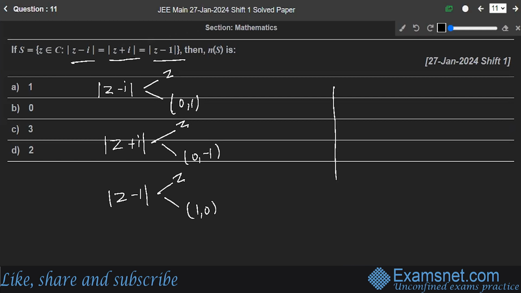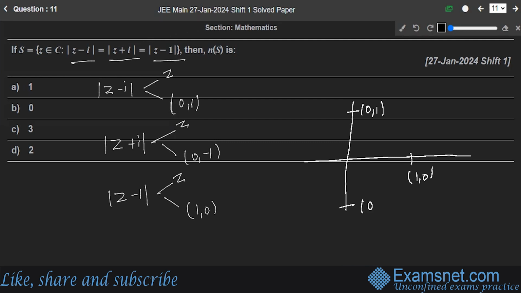So let's plot them on the coordinate axis. This is the point, let's say, 1, 0. This is the point 0, 1, and this is the third point. So these are the 3 points. Let's combine them. Now this forms a triangle.